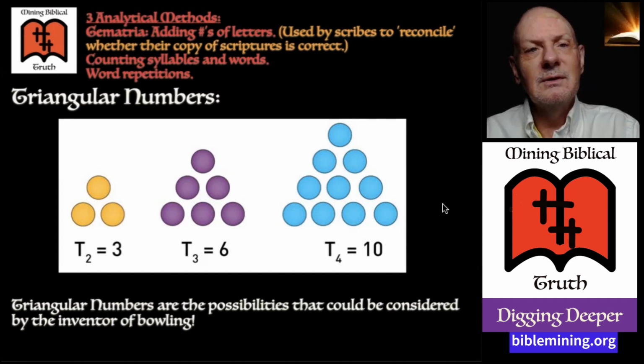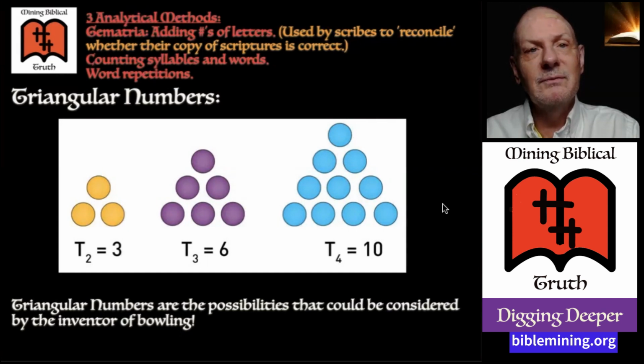So we need to talk about a concept called triangular numbers. Three of them are displayed here for you. 3, 6, and 10 are triangular numbers. As shown in the diagram, a triangular number is defined by adding a number to a prior triangular number.